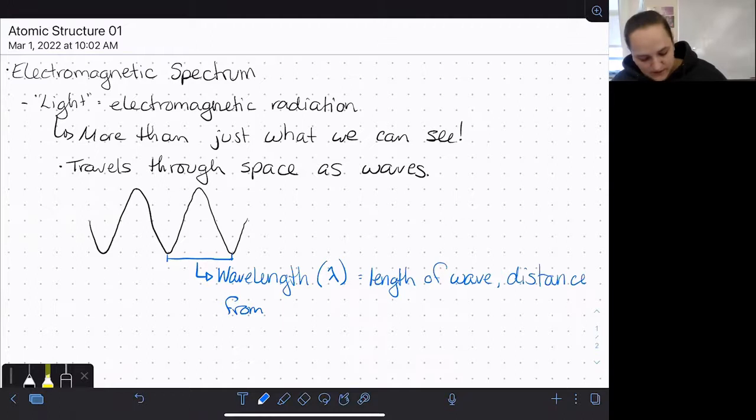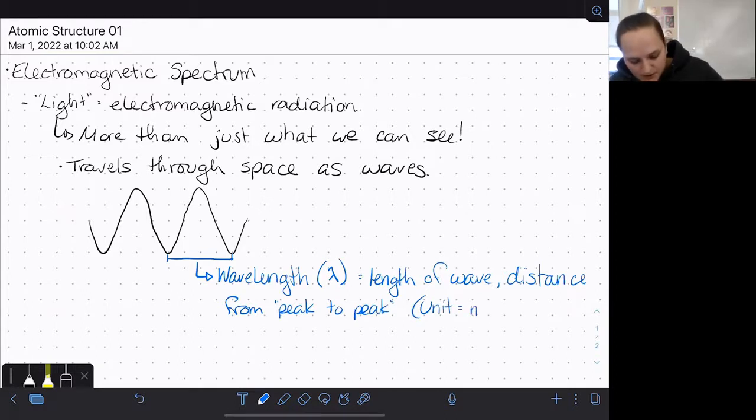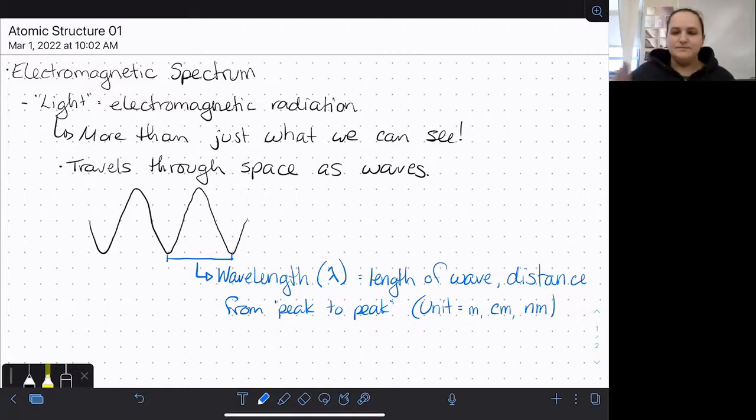So we can think of this as the distance from peak to peak. And our units are going to be things like meters, centimeters, nanometers, etc.